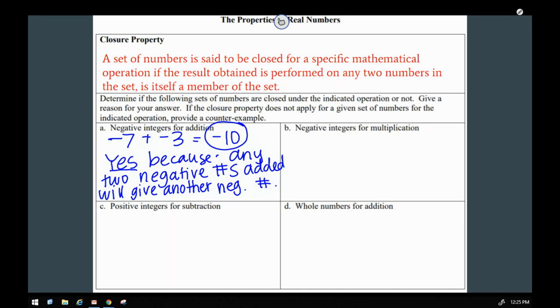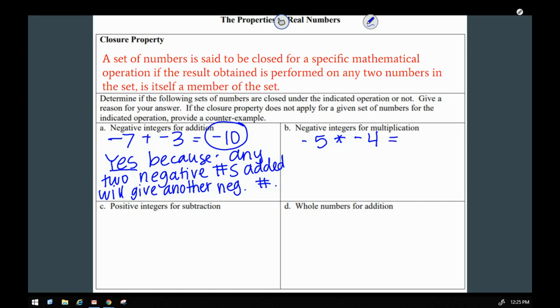Okay, so let's try the same thing for negative integers with multiplication. Anna, can you give me a negative number? -5 times, let's see, Jennifer. Give me another negative. -4.